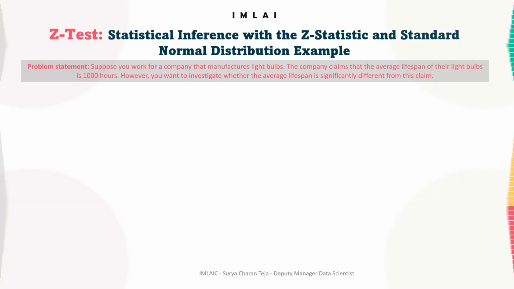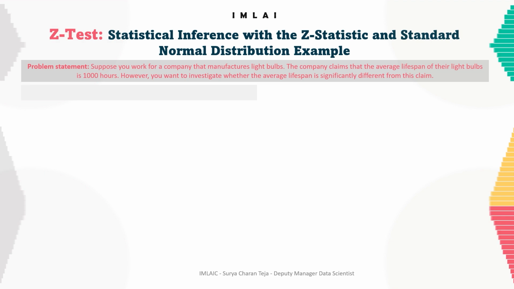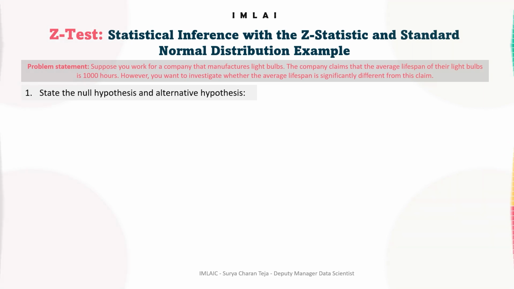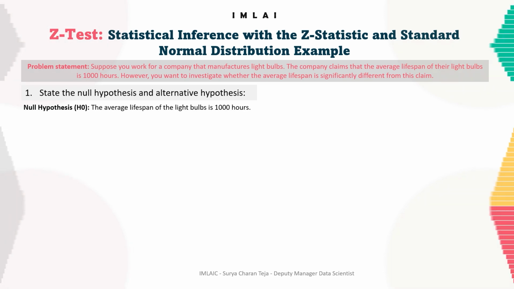Let's begin with step one. Always the step one is state the null hypothesis and alternative hypothesis. The null hypothesis, which is H0, assumes that the average lifespan of the light bulbs is 1000 hours.